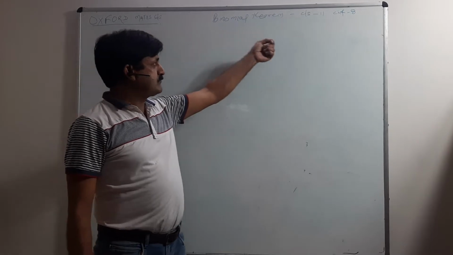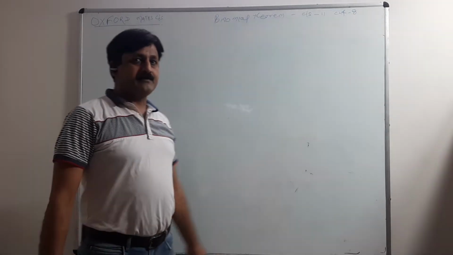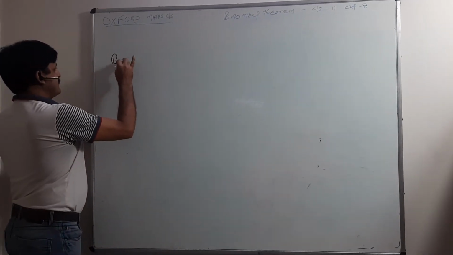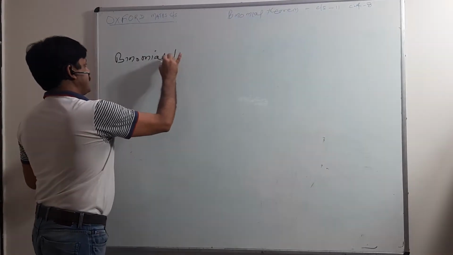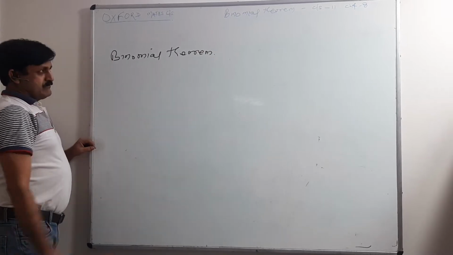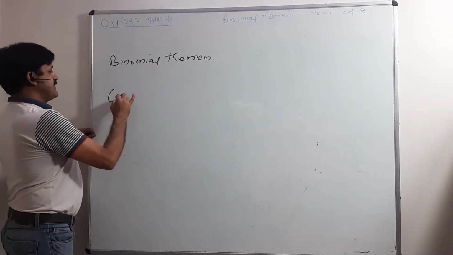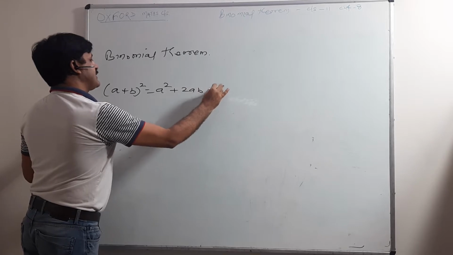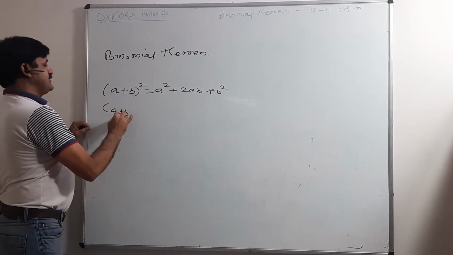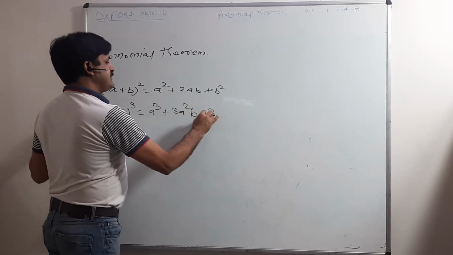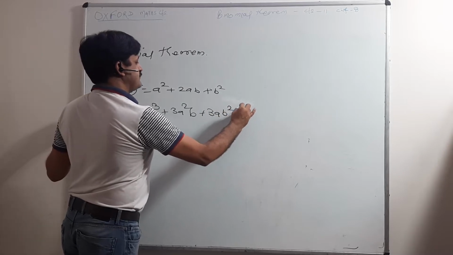Okay, today's topic is the binomial theorem, class 11th, chapter 8 of the CBSE syllabus. In early classes, we expand (a plus b) whole square, that is a square plus 2ab plus b square, or (a plus b) whole cube, that is a cube plus 3a square b plus 3ab square plus b cube.